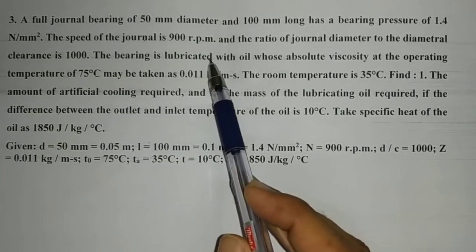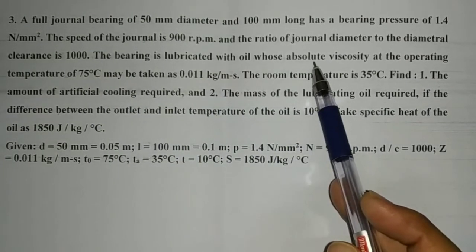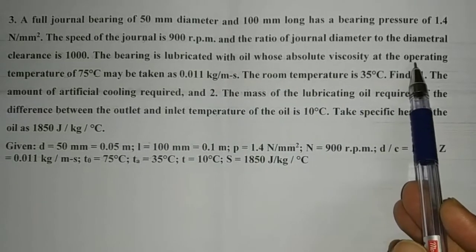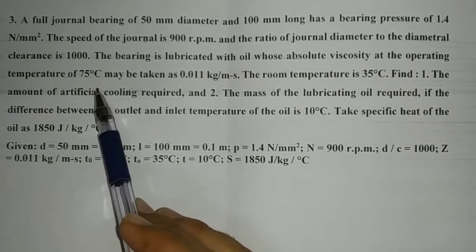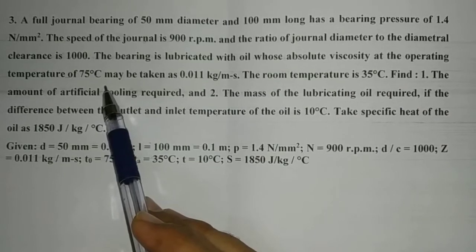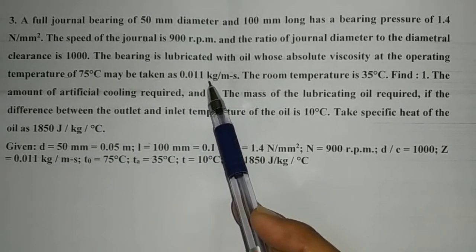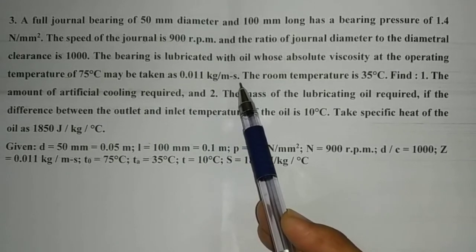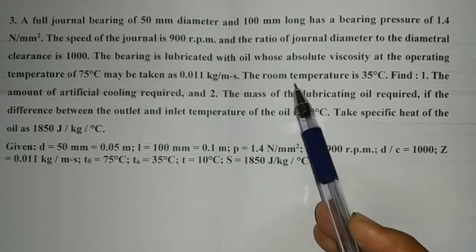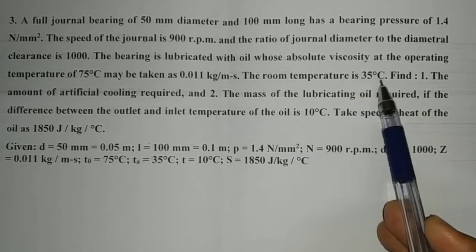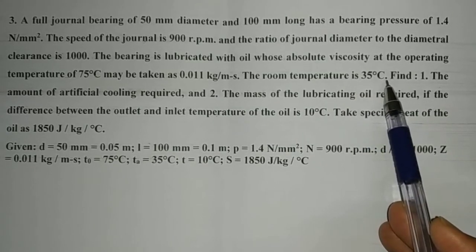The bearing is lubricated with oil whose absolute viscosity at the operating temperature of 75 degrees centigrade may be taken as 0.011 kg per meter second. The room temperature is 35 degrees centigrade.